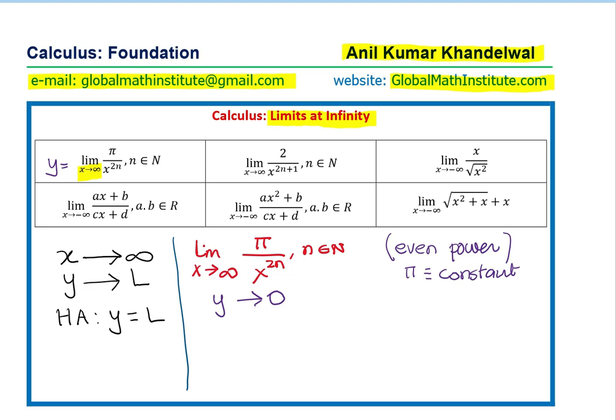On a graph, how does it look? Let's have a look at that also, right? Since everything is positive here, you can see x to the power of 2n. Even if x is a negative value, when the power is even, it makes it positive, right? So in this particular case, we are approaching a value which is infinitely large on the positive side, on this side.